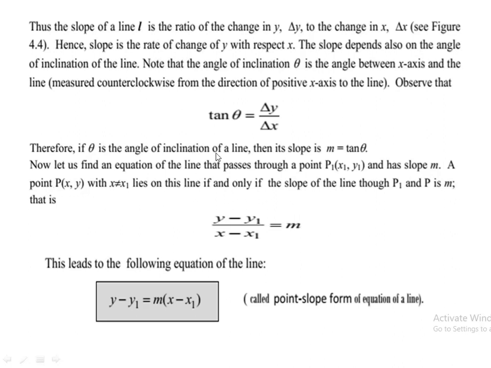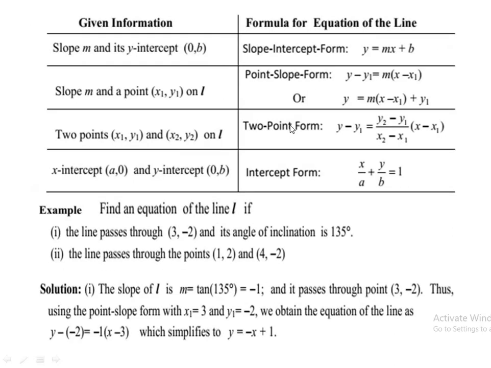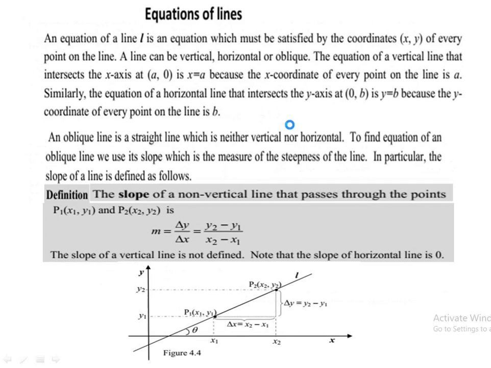Now let's look at tan theta and change in y over change in x. Tan theta is simply the same as opposite over adjacent. So the opposite of theta here is change in y, and the adjacent of theta is change in x.